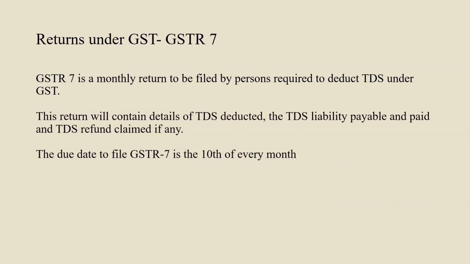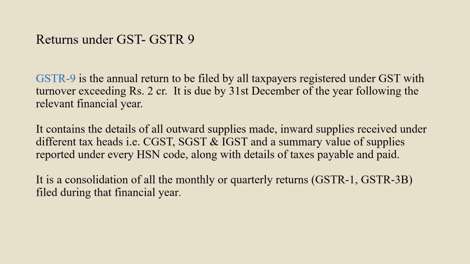Now there is GSTR 7, which is basically for authorities who have to deduct TDS. I'm not reading this. GSTR 9 is basically the annual return. So just as you have your annual ITR or your annual FCRA return, similarly GSTR 9 is mandatory if your turnover exceeds rupees 2 crores, and it's due by the 31st of December. It's also important from the point of view of ITC credit, as I had mentioned.